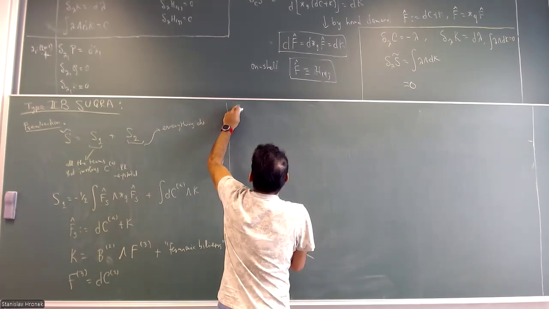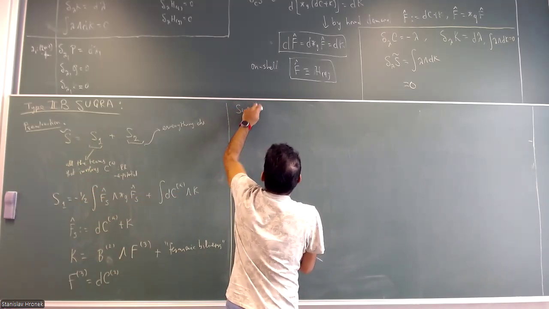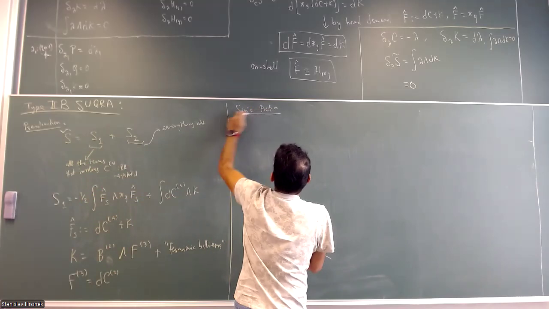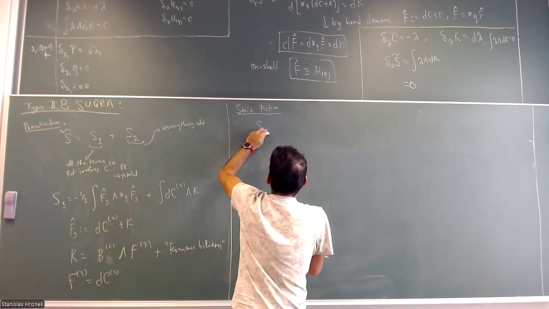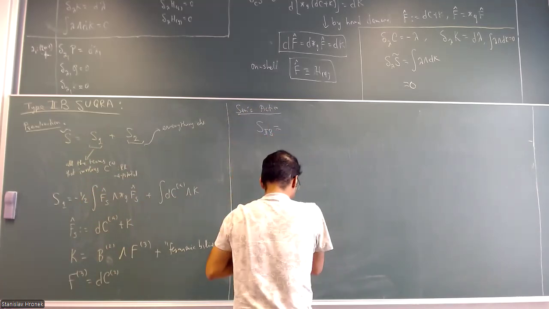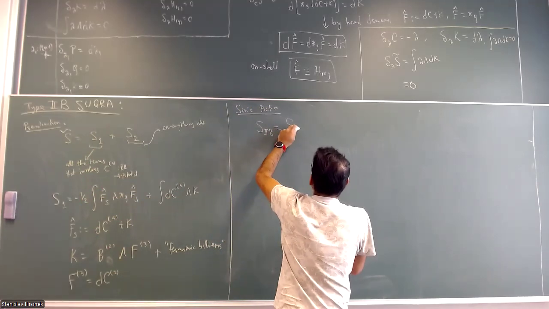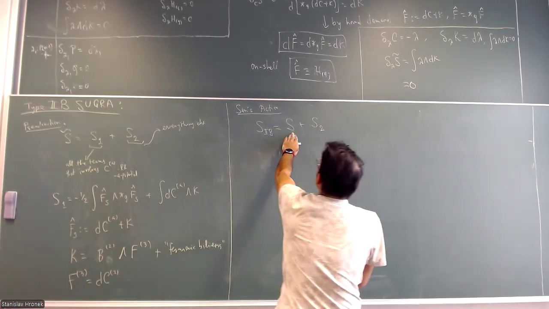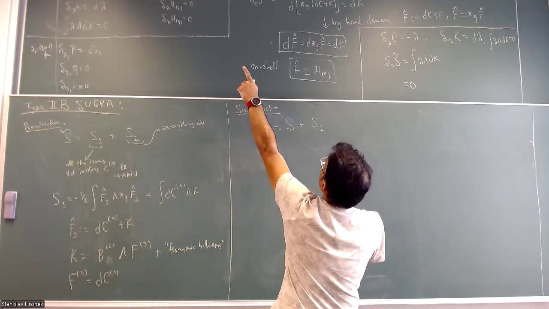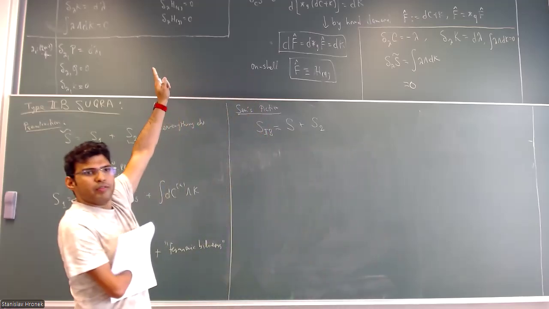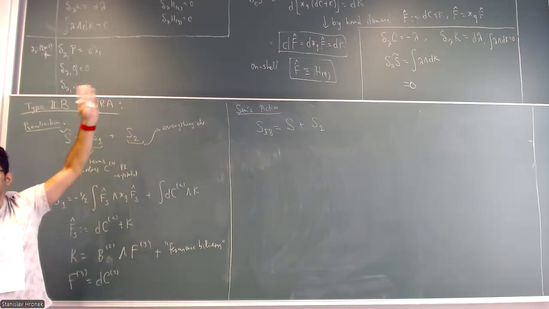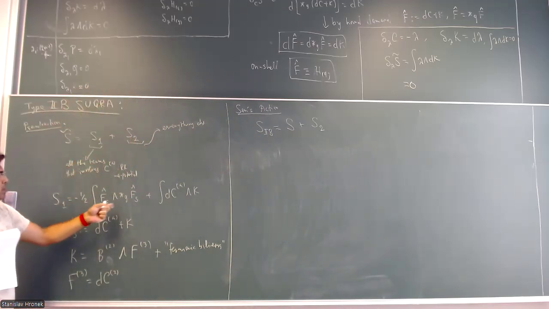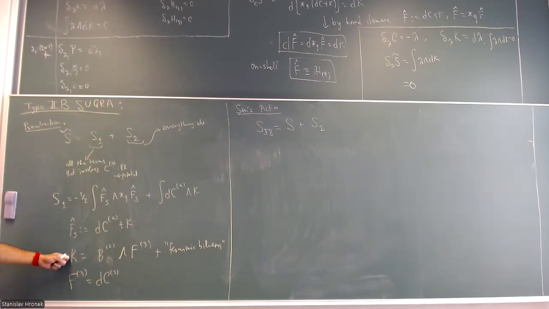So, since the action for type 2B is basically this, where by this S, I mean what is written up there on the very top. But now think of it in 10 dimensions with K to be described.